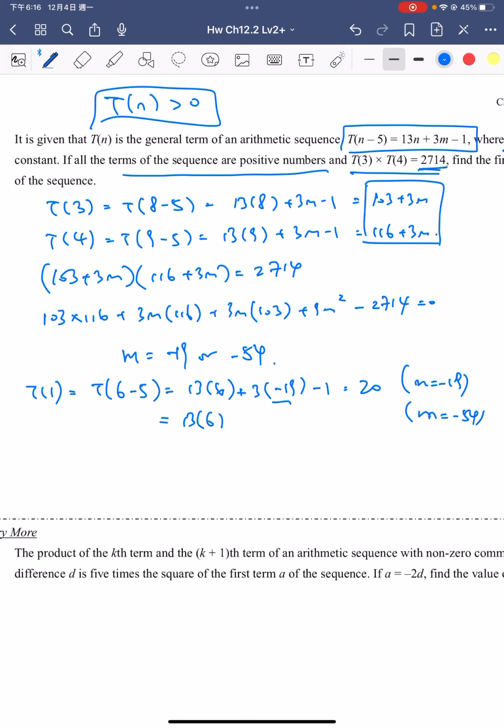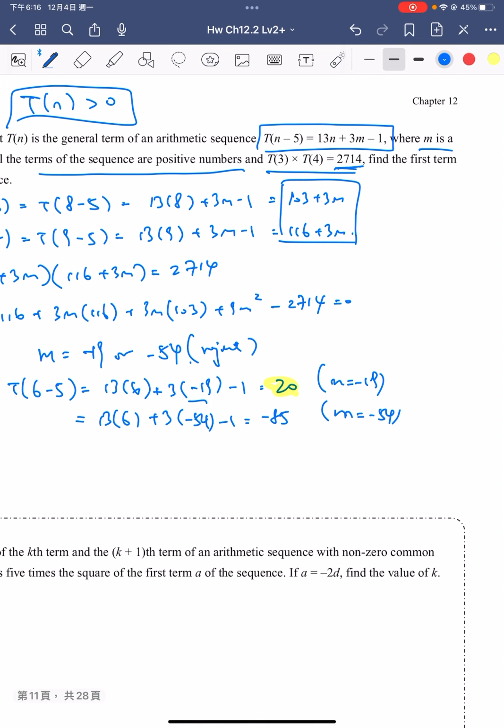So let's try it. So 13 times 6 plus 3 times negative 54 minus 1, giving a negative 85. So the negative 54 should be rejected. And now we get our first term is equal to 20. So as what we find is the first term, our answer is equal to 20.